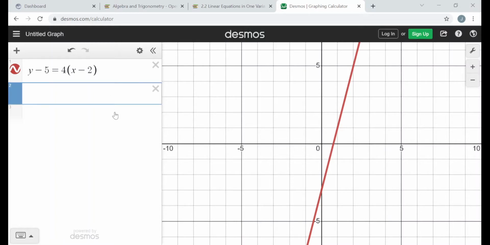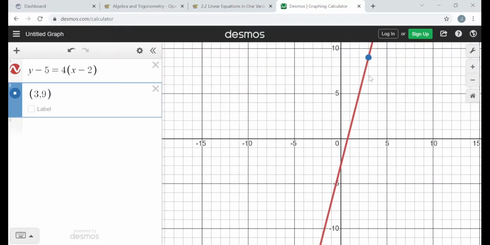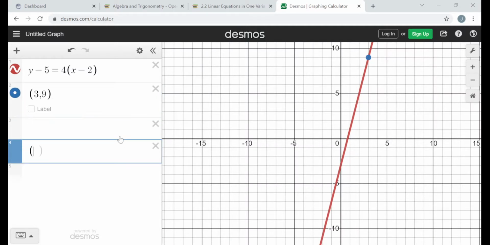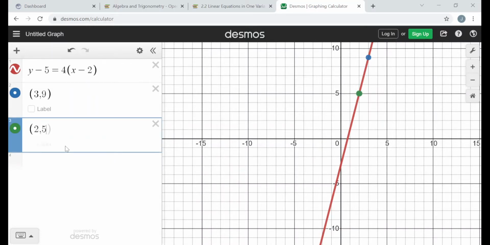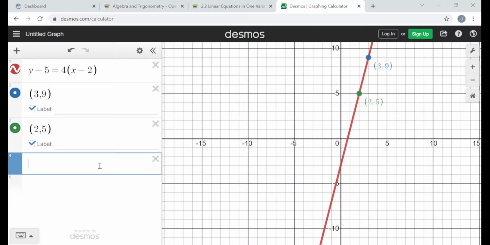But let's just plot some points. We said (3, 9) should be on this. Let's zoom out so we can see it. There it is, (3, 9) is on this. And there's (2, 5), which we already knew. And again, if I go down 4, left 1, that's the same as having a rise over run of positive 4.